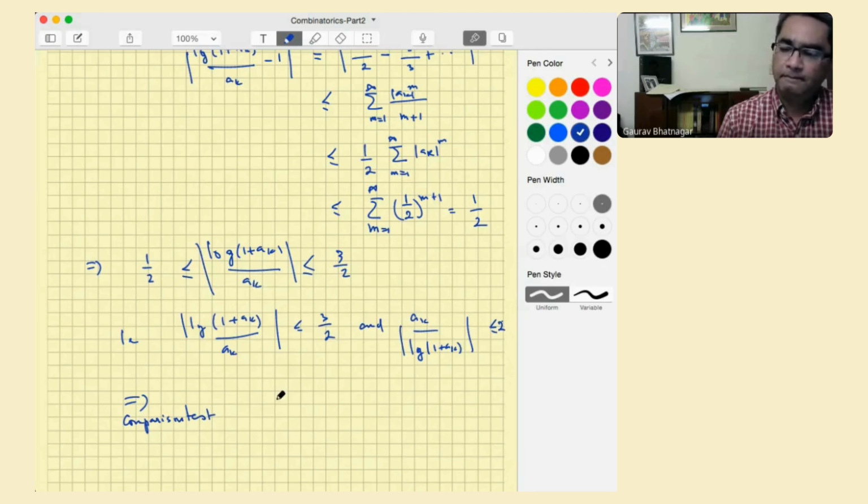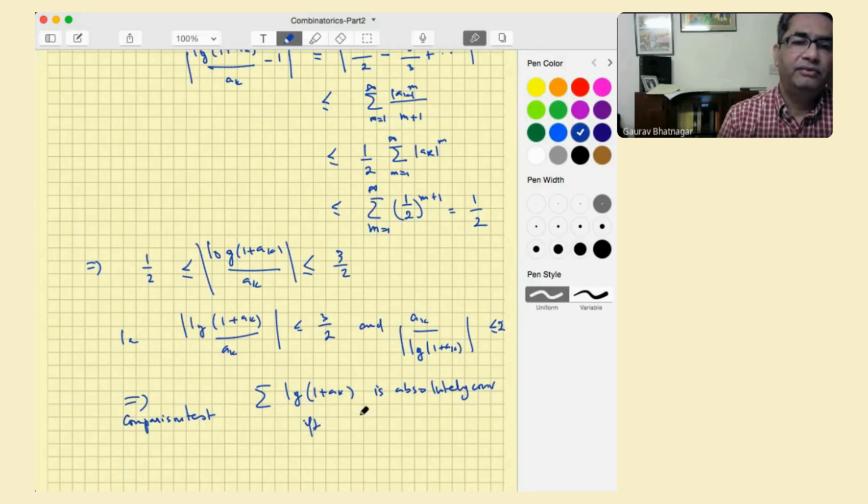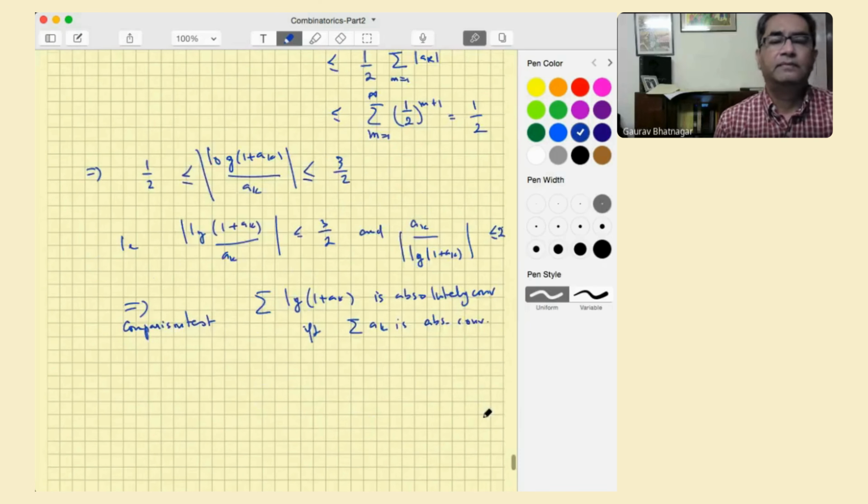Means that log(1 plus a_k) is absolutely convergent if and only if summation a_k is absolutely convergent. Yeah.